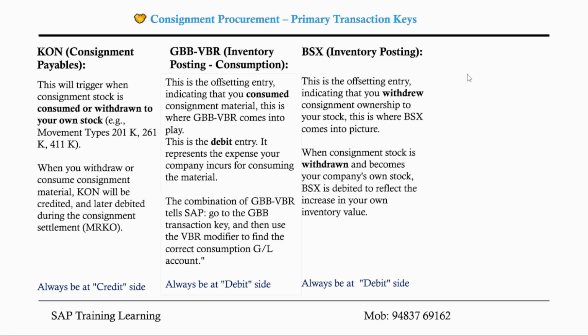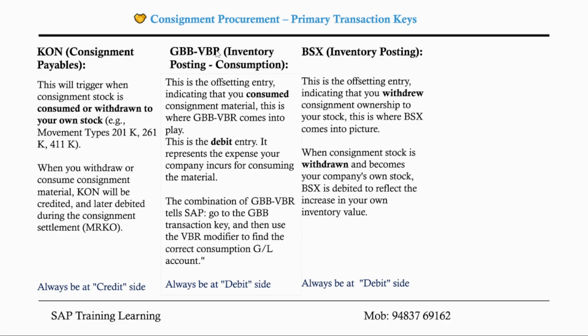So, to repeat, KON will be triggered when we start consuming or withdrawing the ownership from consignment to your stock. For these three movement types, KON will be credited only, meaning your consignment stock is getting reduced, which is good from a business point of view.